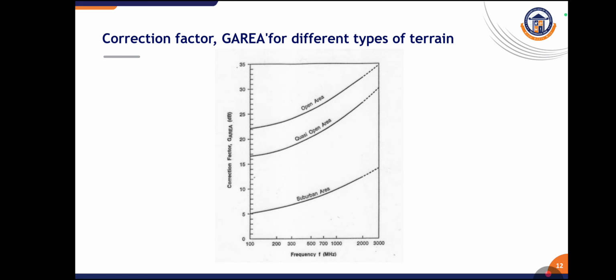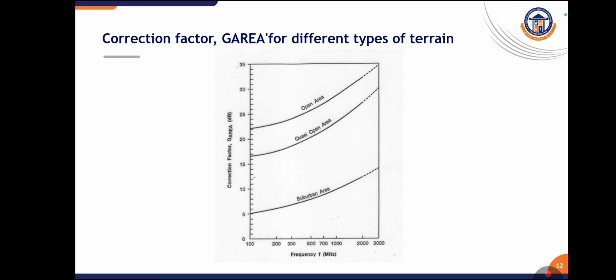And this is the correction factor GAREA for different types of terrain. So the path loss can be determined in different types of areas and terrain regions. First, in an open area, the correction factor is around 22.5, by varying the frequency from 100 to 3000 megahertz.